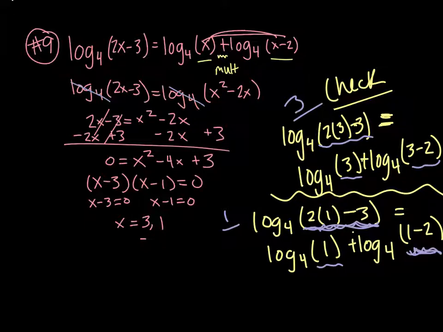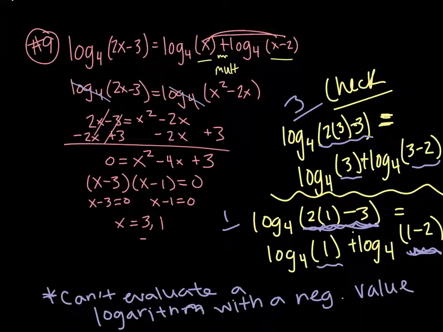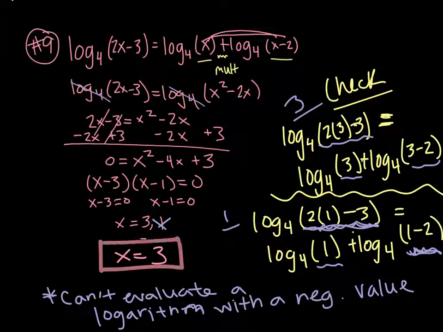So nothing that you can raise to a power is going to give you a negative value. That's why you can't evaluate for negatives inside those parentheses within a log. So if we're looking at the two answers we got, 1 is actually not going to be an answer, and the only answer we can have here is x equals 3.